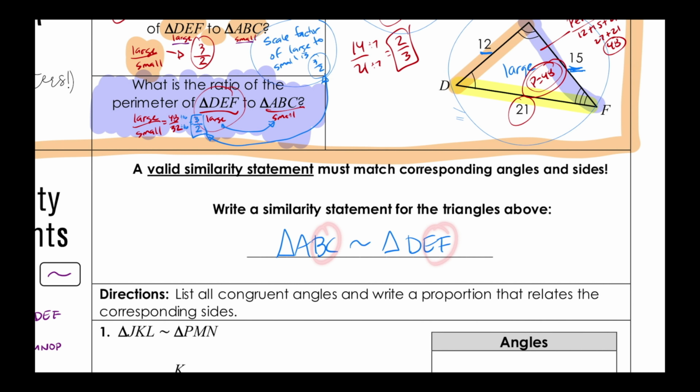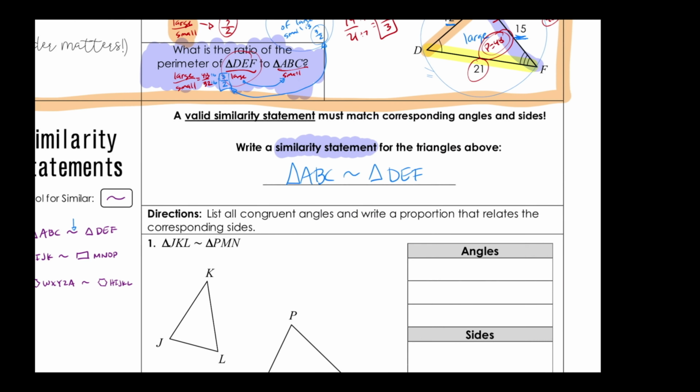BC and EF correspond, and AC and DF correspond. That's how you write a similarity statement. Everyone clear on that? You just say the figure is similar to the figure, and make sure the letters are corresponding letters.